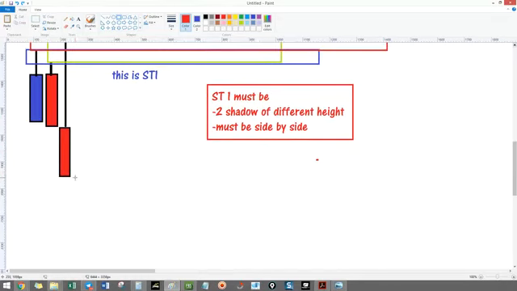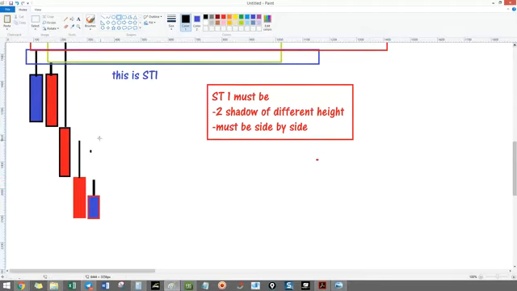For example, one and then a two. For example, like this, and then like this.